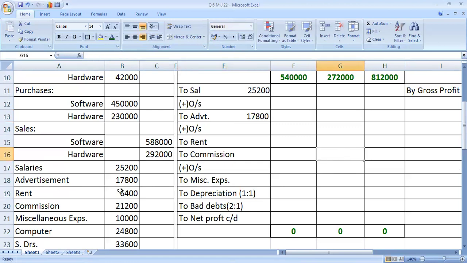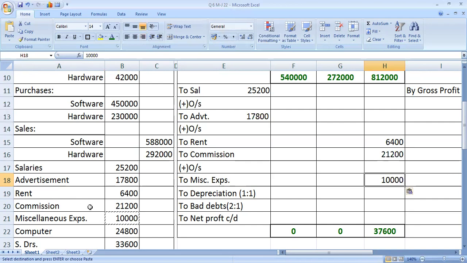Next, rent rupees 6,400 goes to the profit and loss account debit side, total column. Miscellaneous expenses 10,000 also goes to the profit and loss account debit side, total column.